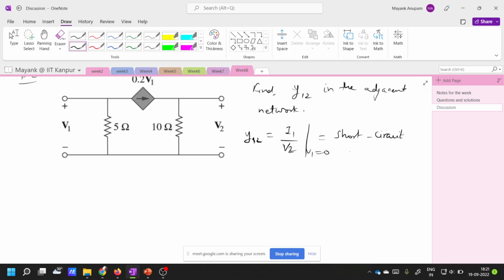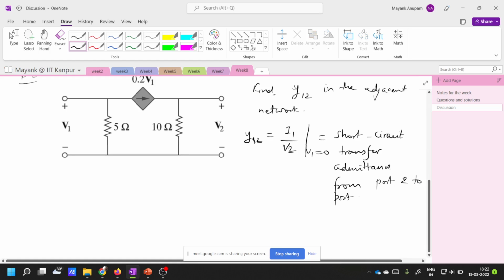What? Short circuit transfer admittance between port, so not between, but let me be practically correct here, admittance from port 2 to port 1.